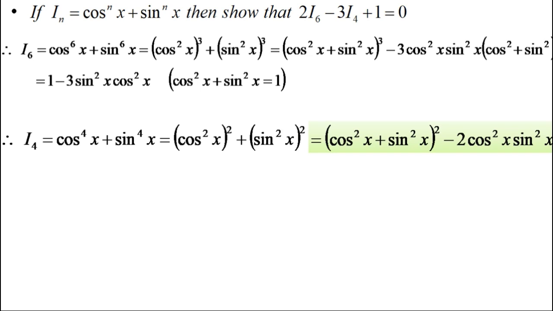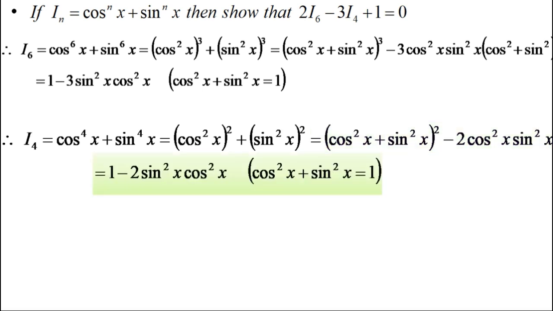Then (cos square x) whole square plus (sin square x) whole square equals (cos square x plus sin square x) whole square minus 2 cos square x into sin square x. Now here also put cos square x plus sin square x equals 1 and we get 1 minus 2 sin square x into cos square x.